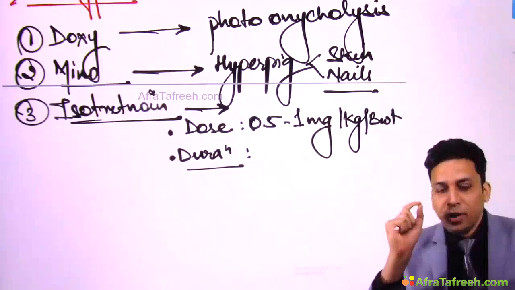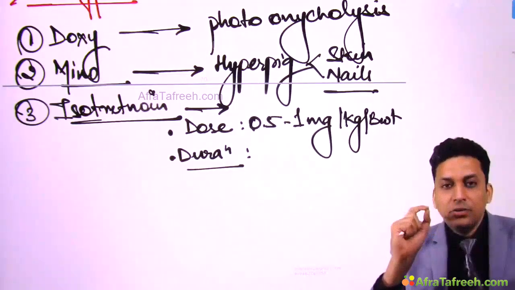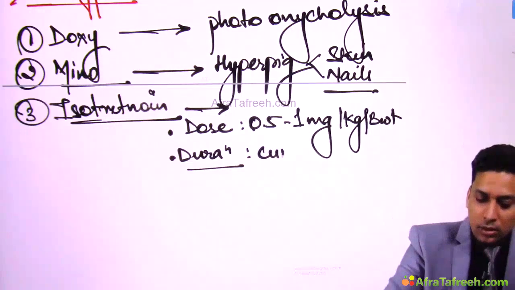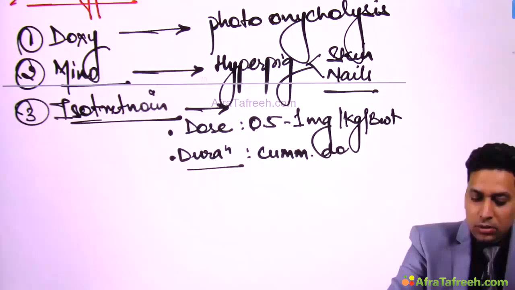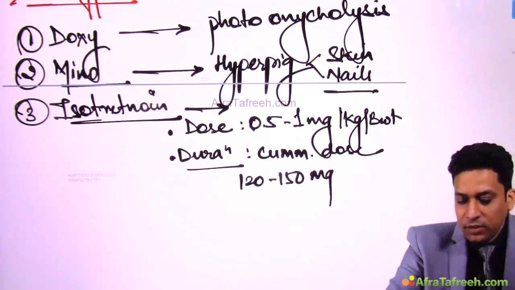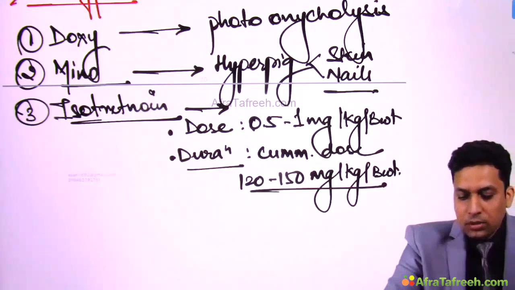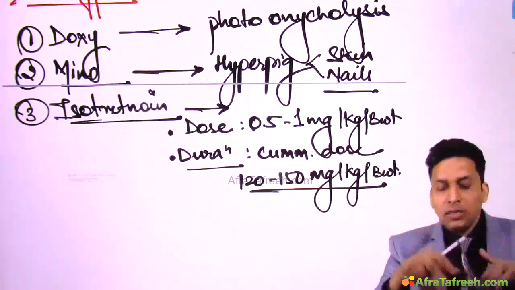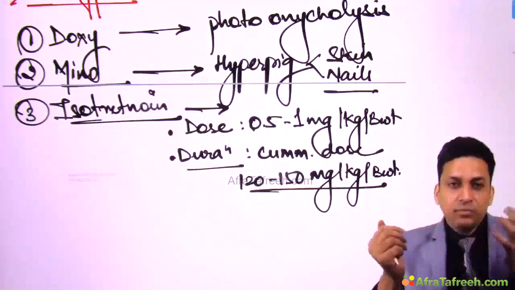But there is one point which is written, that you can continue isotretinoin till a cumulative dose of 120 to 150 mg per kg body weight is reached. So this is the end point. You should not go beyond this. The total cumulative dose from day 1 to the last day should not be more than 120 to 150 mg per kg body weight.